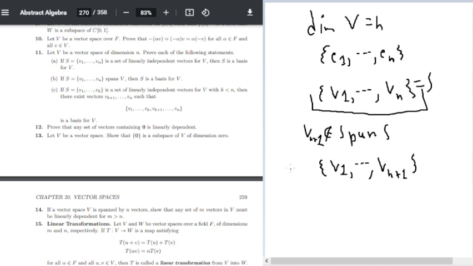Right? Now set up the linear equations. Alpha 1 e1 plus alpha 2 e2 plus on and on.